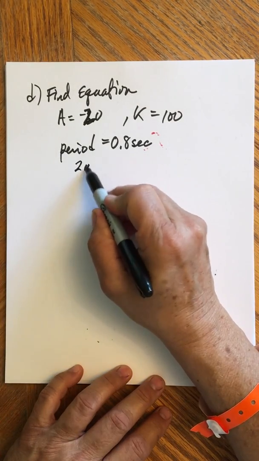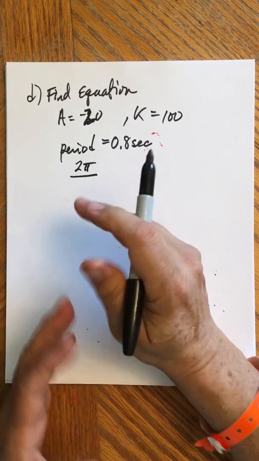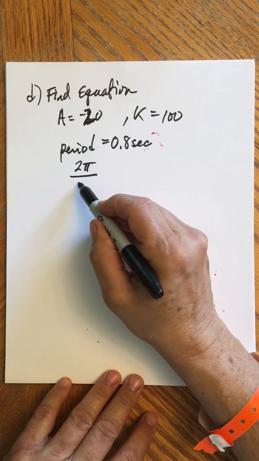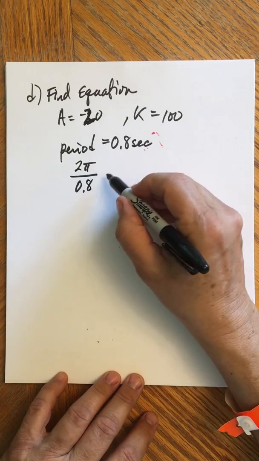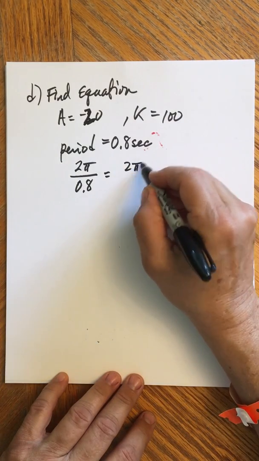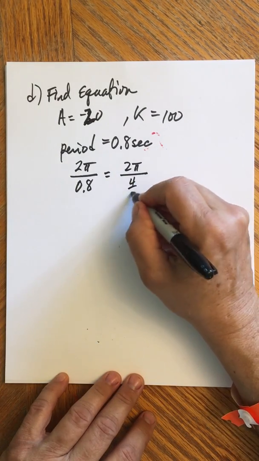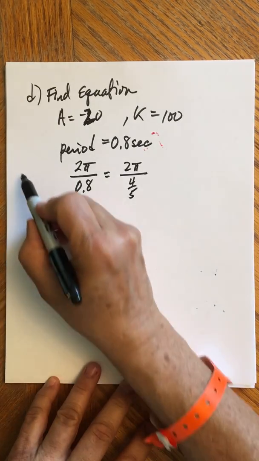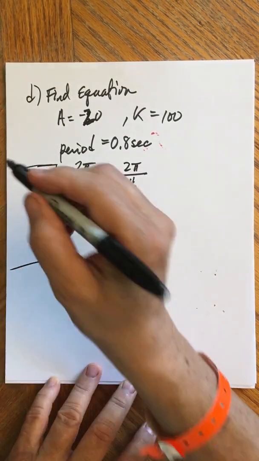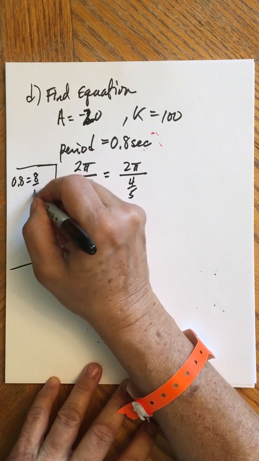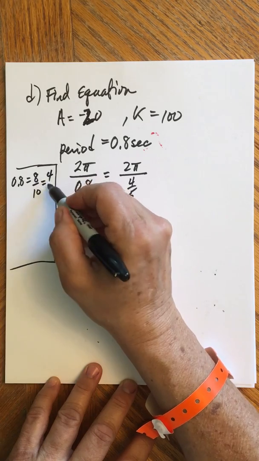We know that 2 pi is the normal amount of distance it takes to see a cosine wave, so we're going to divide that by 0.8. Now what I would do here is just go ahead and do 2 pi divided by 4/5. So let me put this here as an aside. We have 0.8 is 8 out of 10, which when you reduce is 4/5.